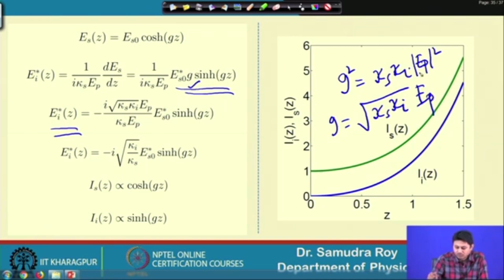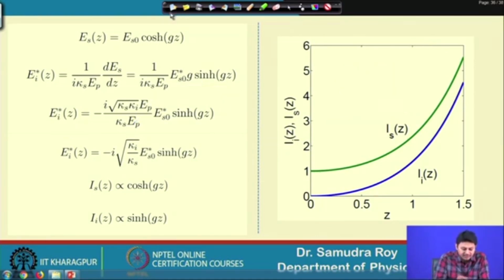We consider there is no phase associated with P, this is a strong pump, and if it has a phase, then we can consider this phase to be 0. Then we can simply write mod of E_P squared is equal to E_P. So if I write this, E_P will cancel out, and eventually we will have one term: minus i square root of kappa_I over kappa_s, E_S0 star sinh(gz).